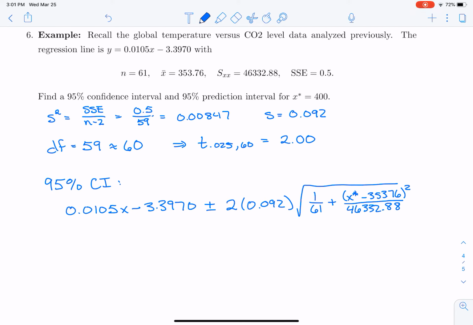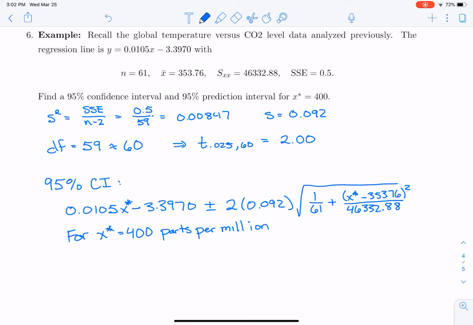And that's at x star. Now I'm going to plug in x star equals 400. Remember, that's parts per million for CO2 levels.